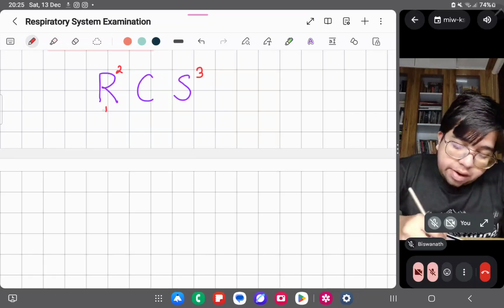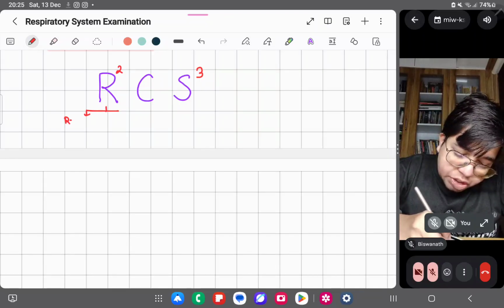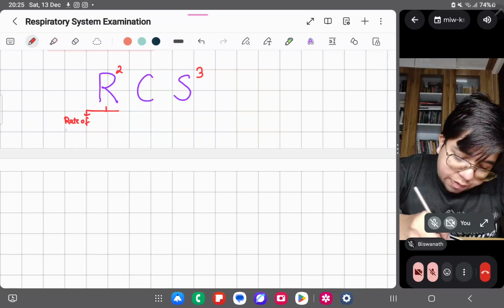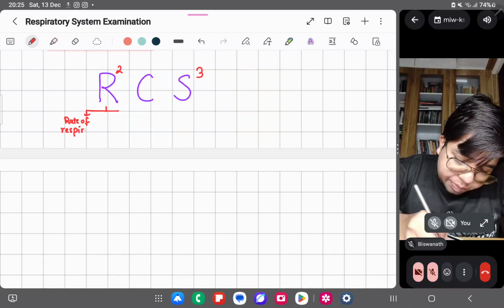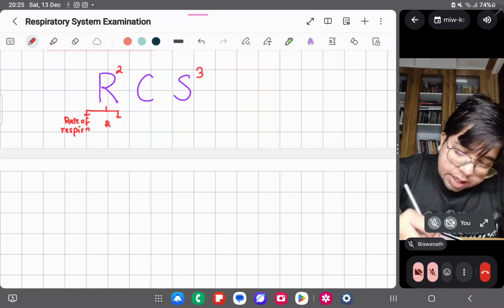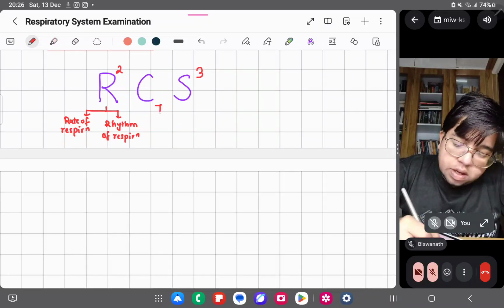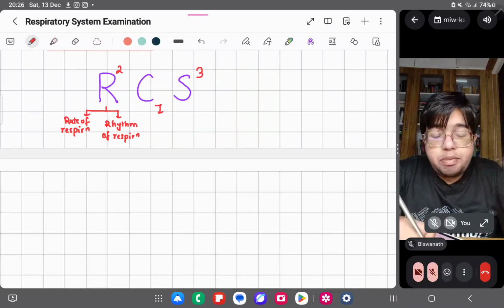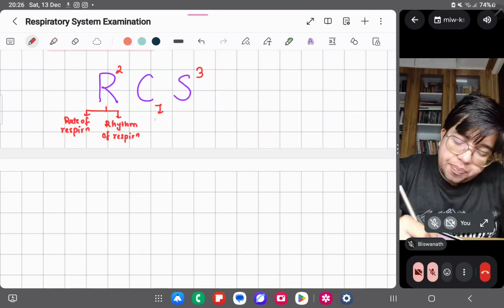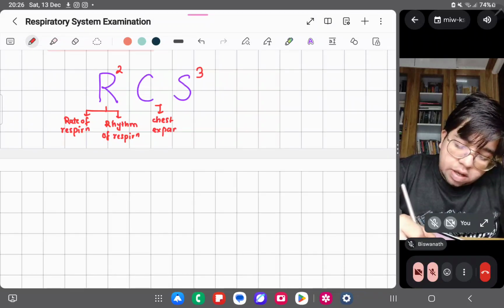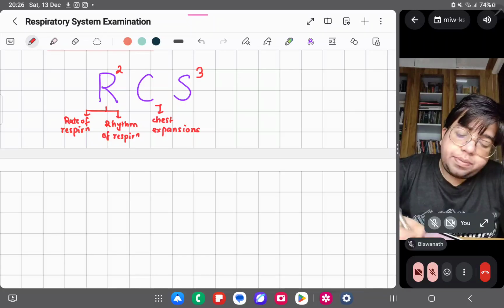Right. R is for rate of respiration. R is again rhythm of respiration. Rate of respiration, rhythm of respiration. You can say chest expansion.